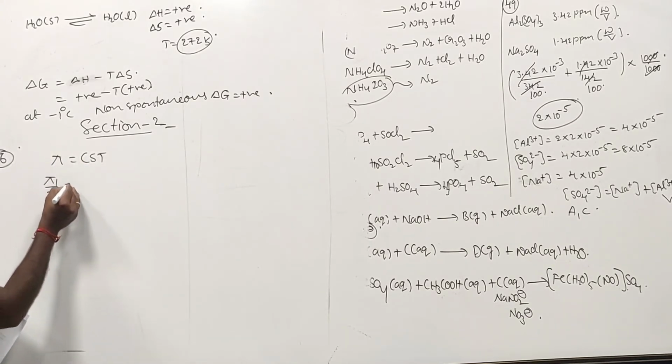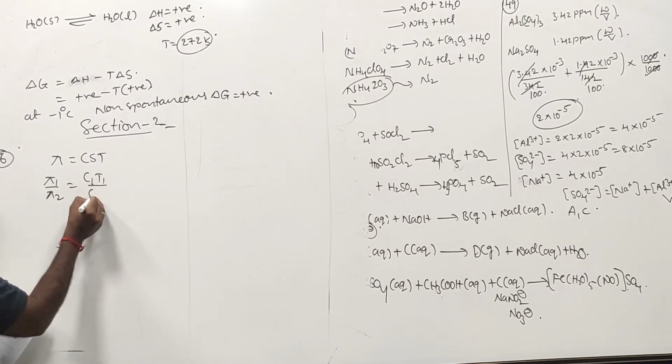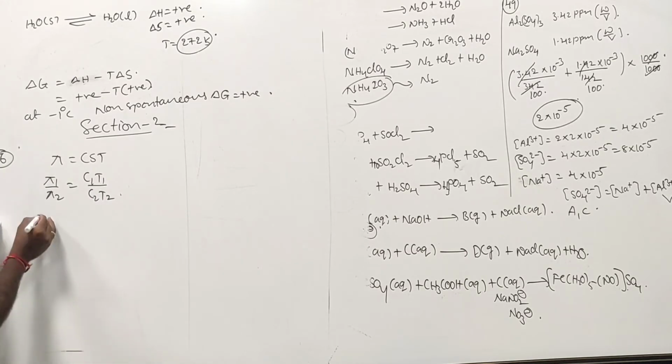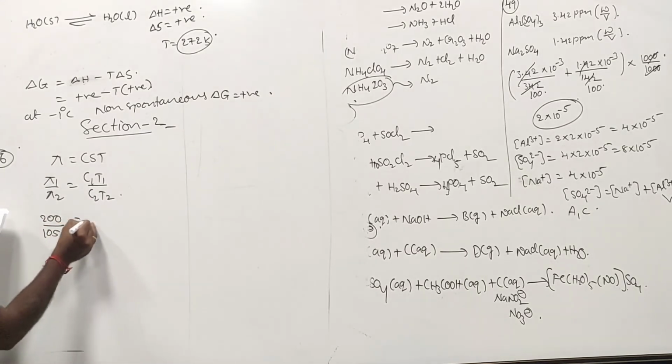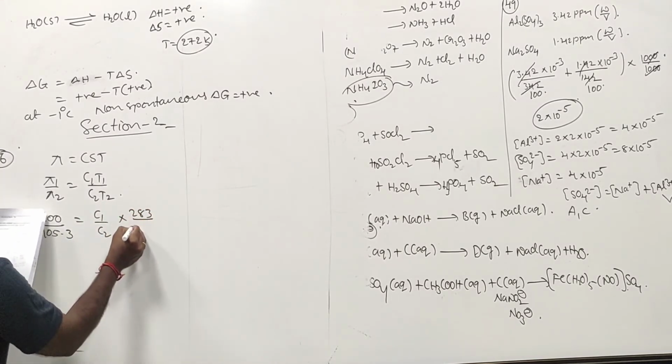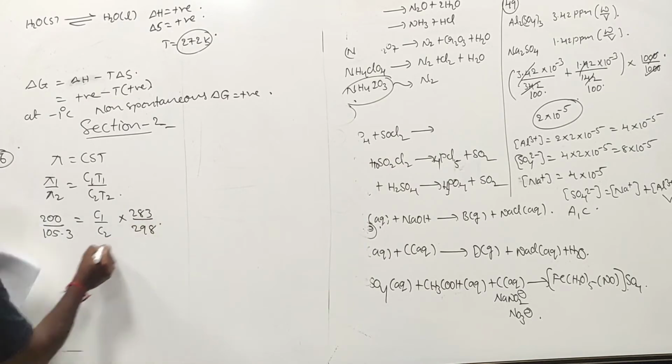Pi 1 by pi 2 is equals to C1 T1 divided by C2 T2. So here pi 1 is equals to 200 divided by 105.3, C1 divided by C2 into 283 divided by 298.